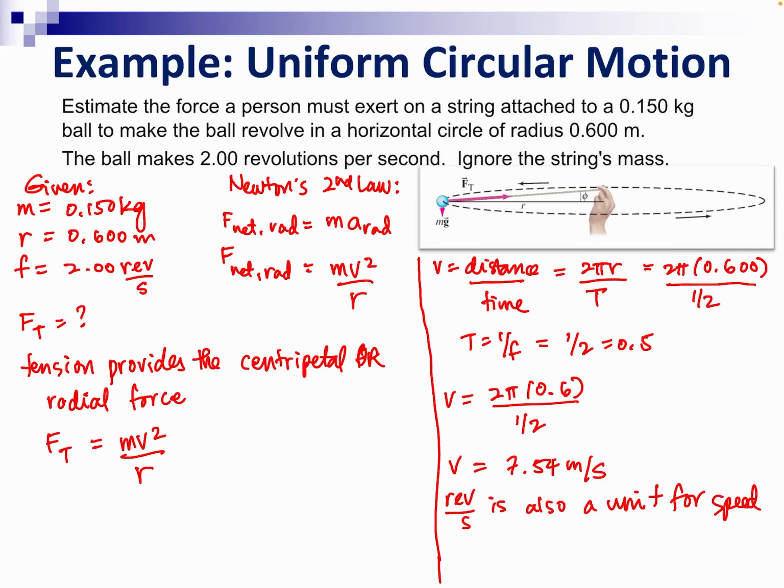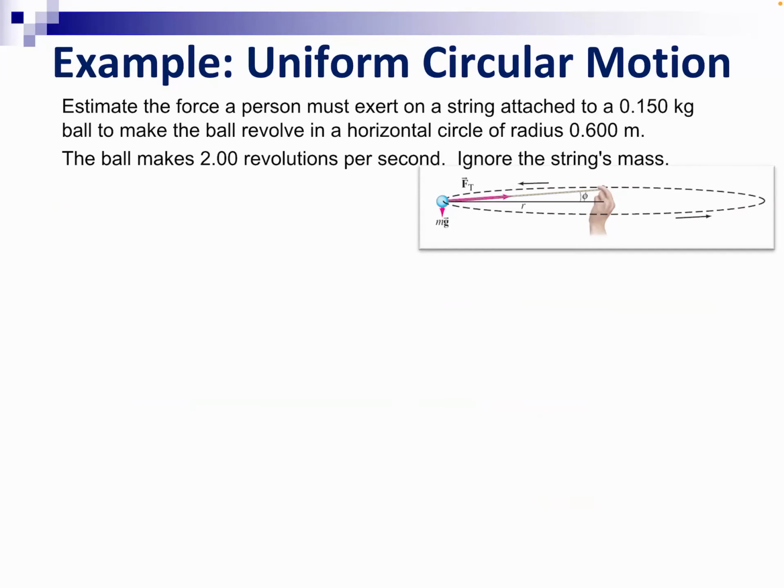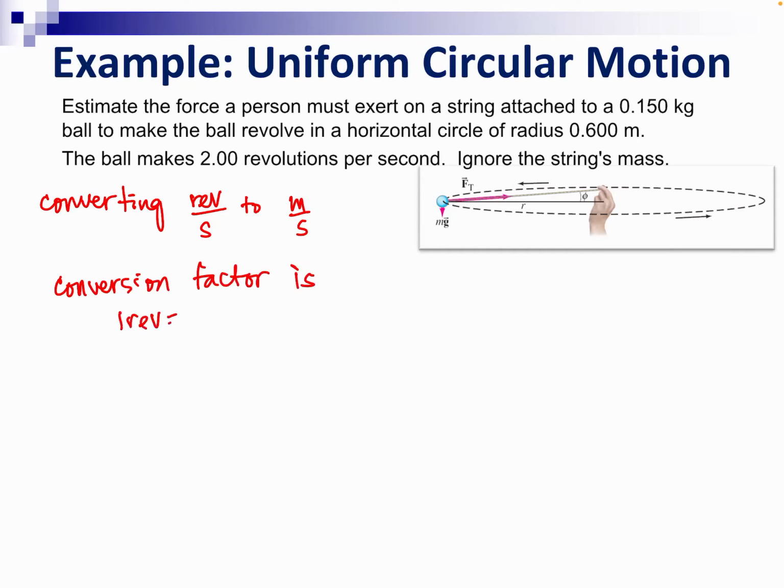The question is how to convert revolutions per second to meters per second. We need some conversion factor. I'll use this extra space. You can use the conversion factor: one revolution is equal to 2 pi r meters.